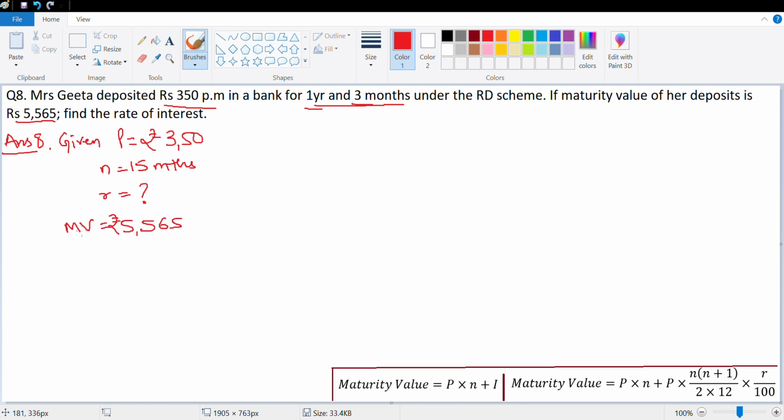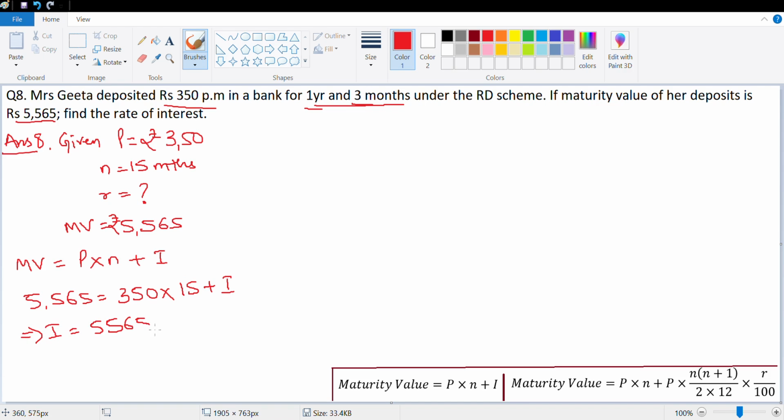We need to calculate the rate of interest. So what I know is maturity value is equal to principal into number of months plus I. Now maturity value 5,565 is equal to principal, in this case 350, multiplied with N, in this case 15, plus I, which means I would be equal to 5,565 minus 350 into 15.